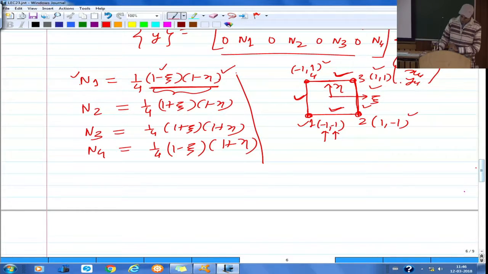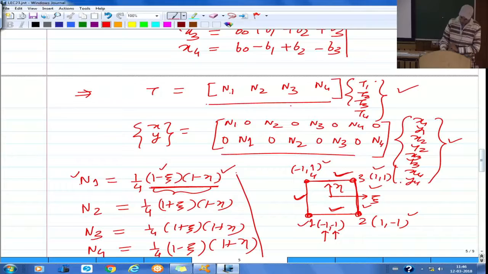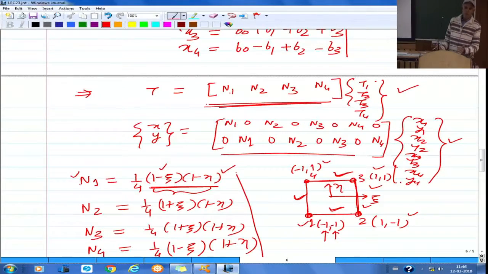Because it is very easy to differentiate T with respect to xi and eta, since T is expressed in terms of xi and eta in this interpolation. So we can explicitly get the derivatives of T with respect to xi and eta, but finally we want derivatives with respect to x and y, because we'll have to put that in the weak form or the integral functional.